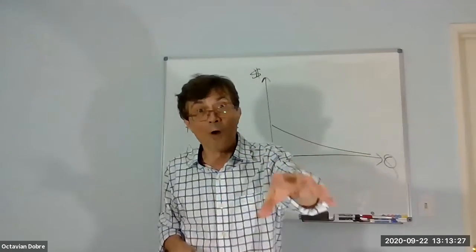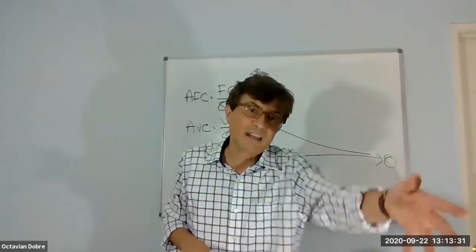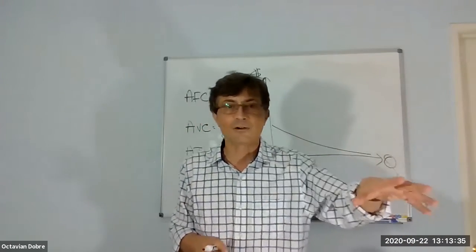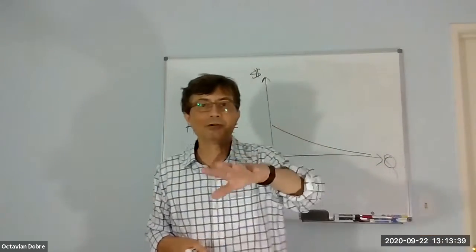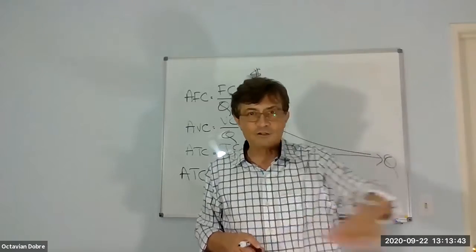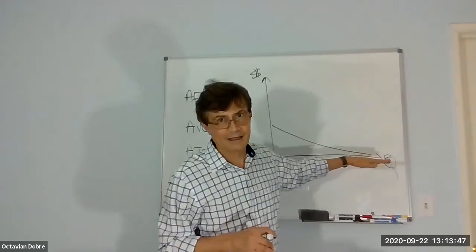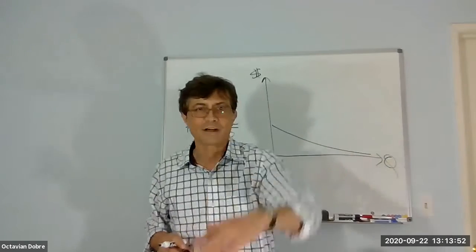If the output is 1, the average fixed cost is going to be $1,000 because you divide 1,000 by 1. But if you produce 10 units, the average fixed cost is going to be $100. If you produce 1,000 units, it's going to be $1. And so on. So as you produce closer and closer to infinity, the average fixed cost is going to go closer and closer to 0.